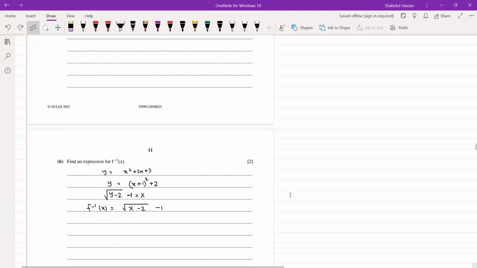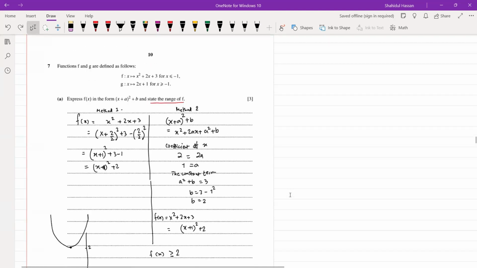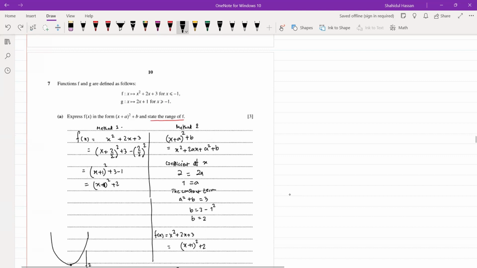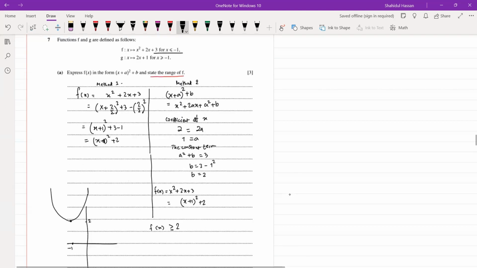However, there is one thing we have to note, that is, in the question we have a given domain and the domain says that x is equal or less than minus 1.